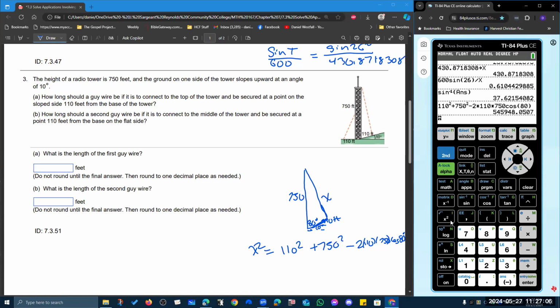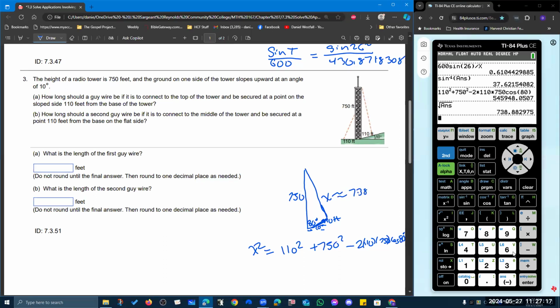And then second square root, second answer is going to give me x. And then this is going to be about 738.9.